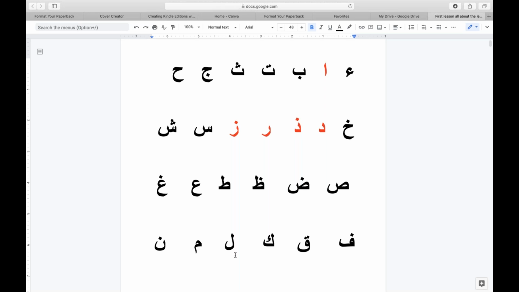But in English, we have to make our tongue wider because we say L, like milk. In Arabic we say Libya, Halib, Lubna.